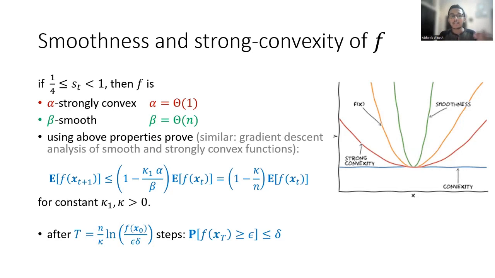And as alpha is a constant and beta is proportional to n, we get that the expected value of the potential at time t plus 1 is at most 1 minus some constant divided by n times the expected value of the potential at time t. If we have this result, we can show using concentration bounds that the potential function will become less than epsilon with high probability.